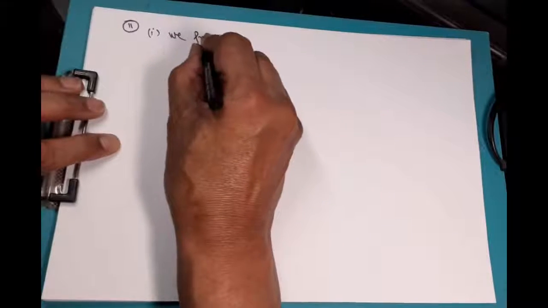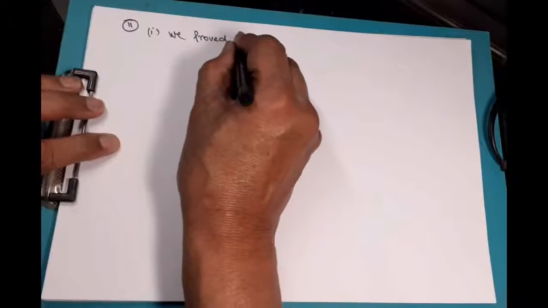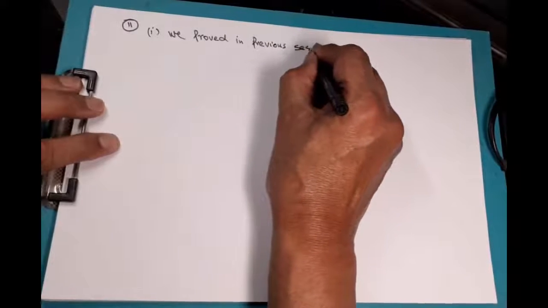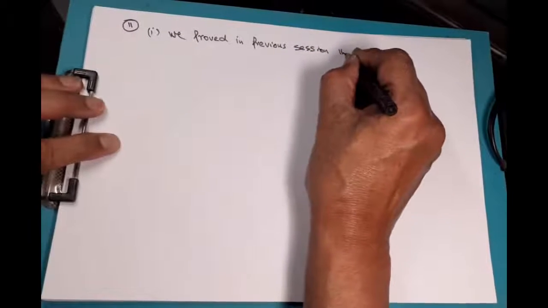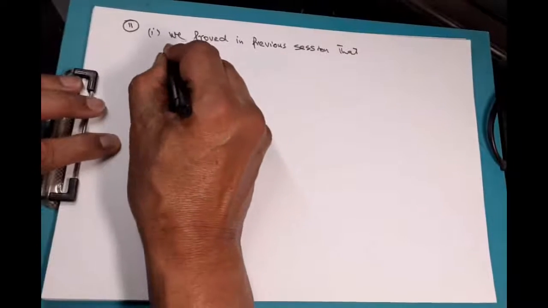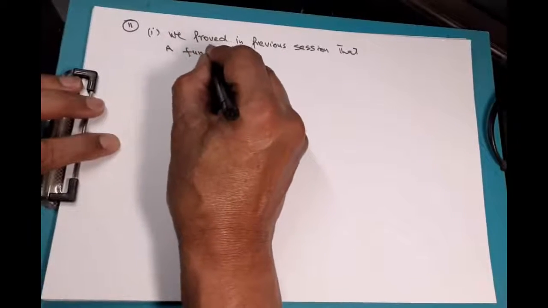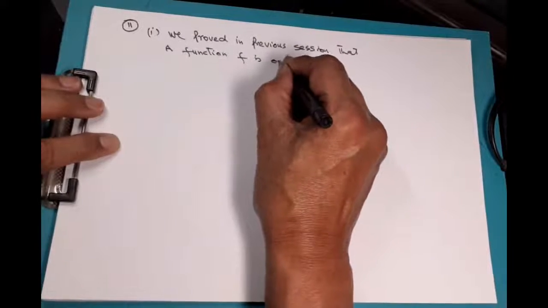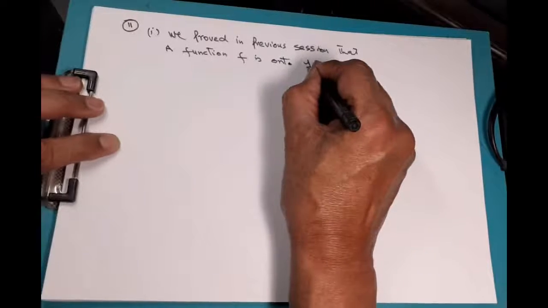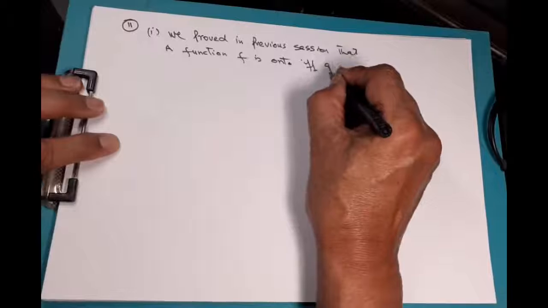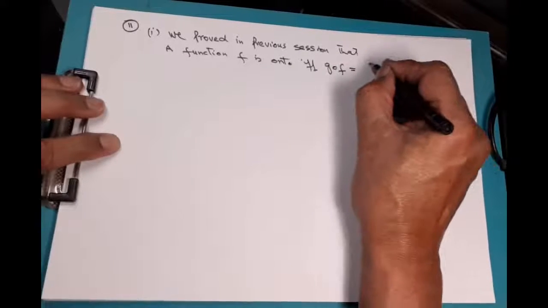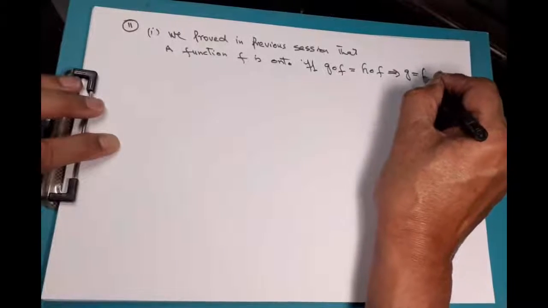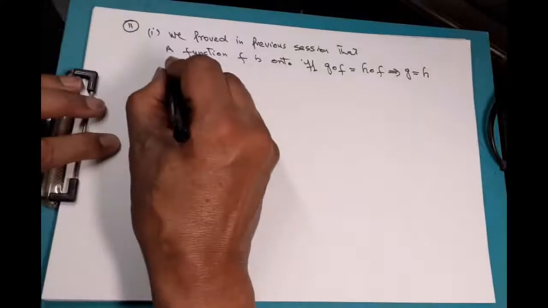We proved in the previous session that a function f is onto if and only if G circle F is equal to H circle F implies that G is equal to H. That is, F is right cancelable.